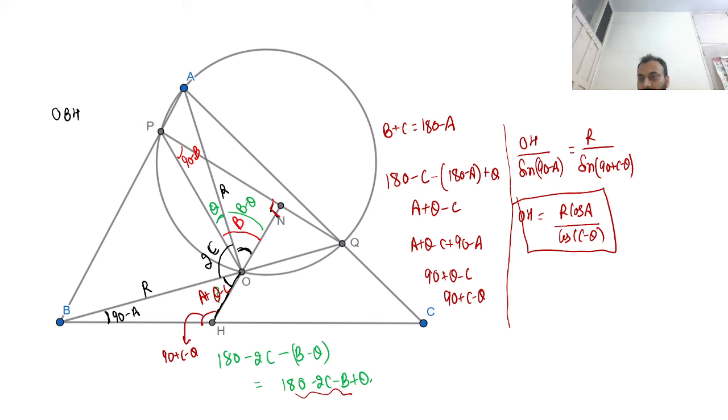And in fact R dash is the circumradius of POQ, and this R is the circumradius of AOB. Can we relate these two radii, R and R dash? Okay, let's see.